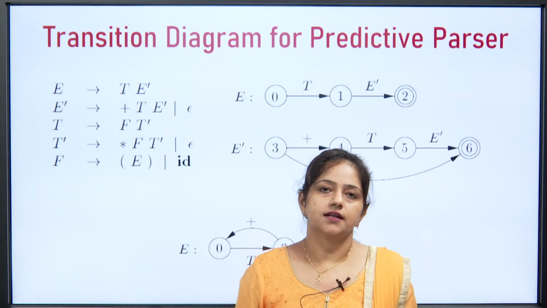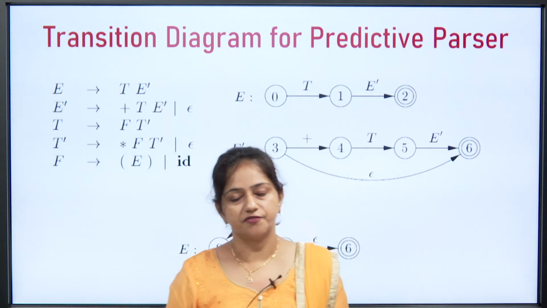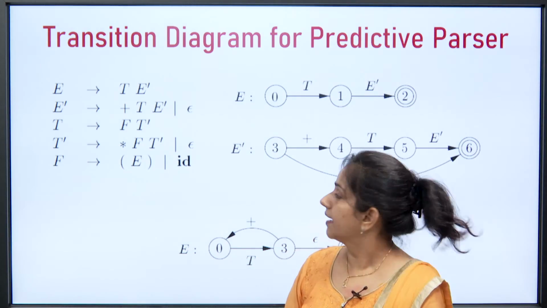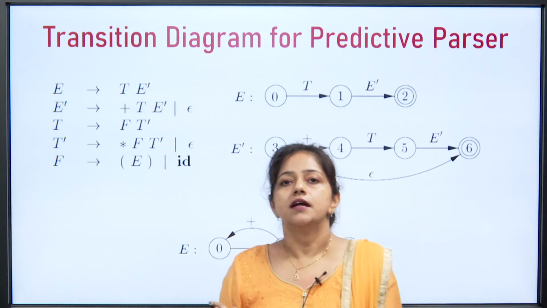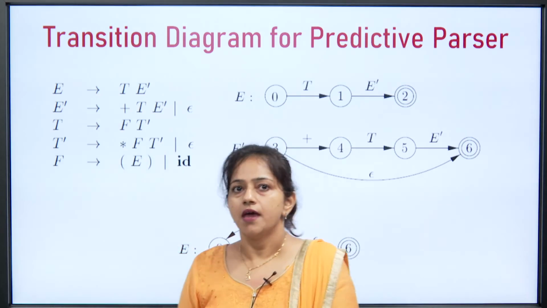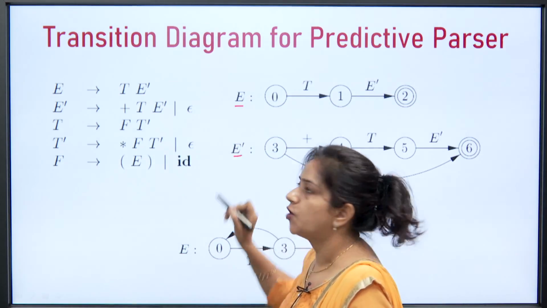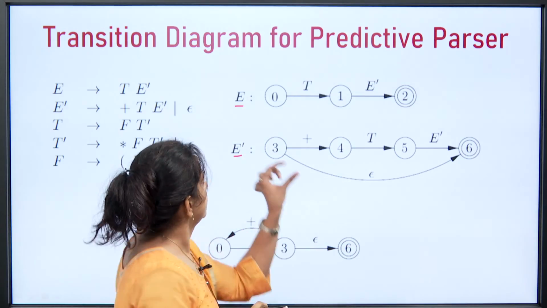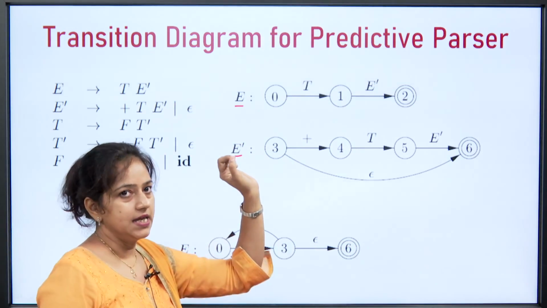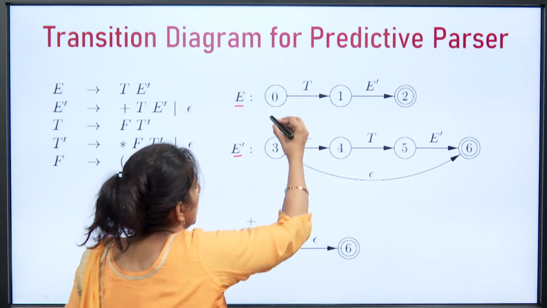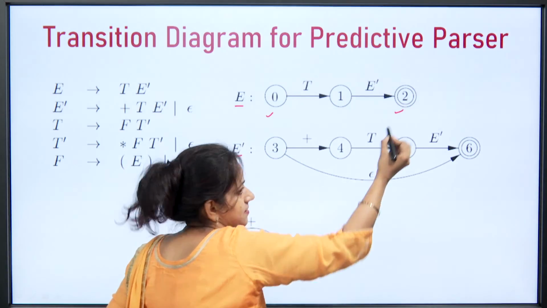Now, we will look at the transition diagram for the predictive parser. The method for constructing the transition diagram for a predictive parser is different from the lexical analyzer. In this, we draw a transition diagram for every non-terminal. Suppose we have non-terminal E. For every non-terminal we create a start state and a final state.